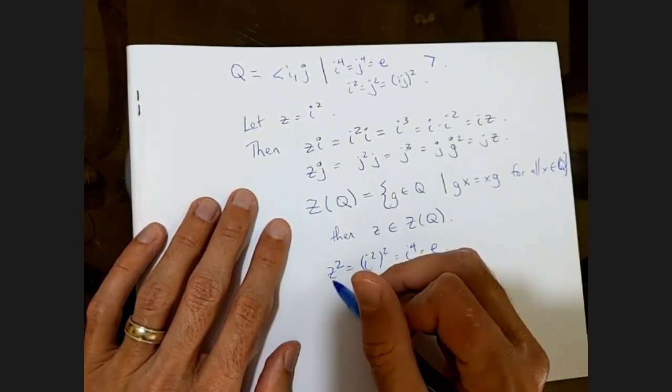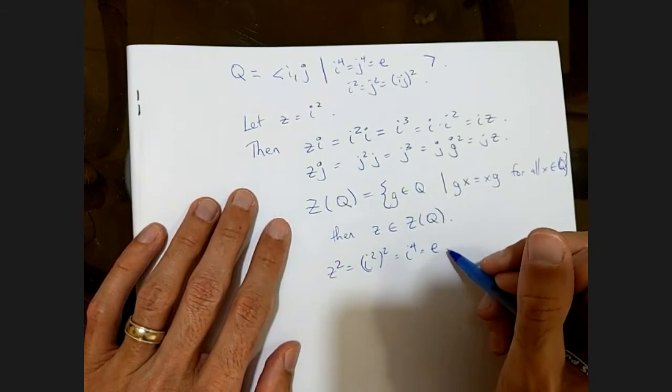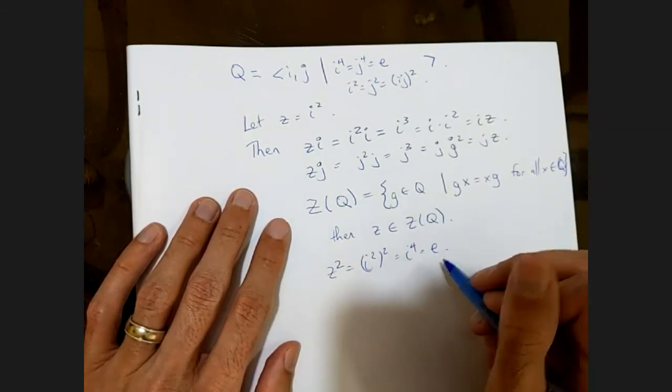So Z is a number whose square is 1. So that's why we call Z minus 1.